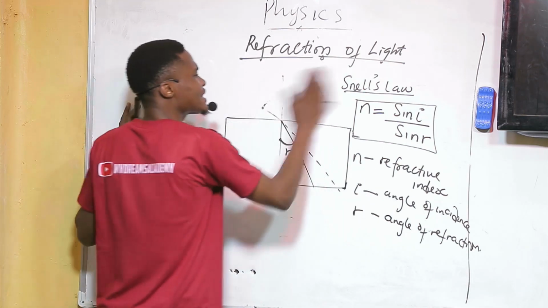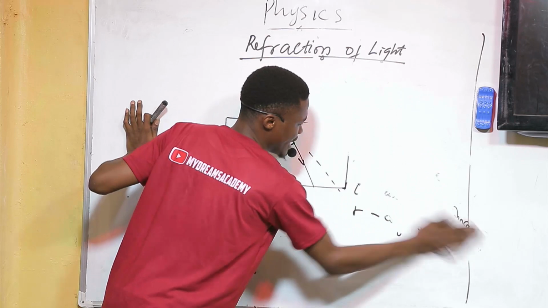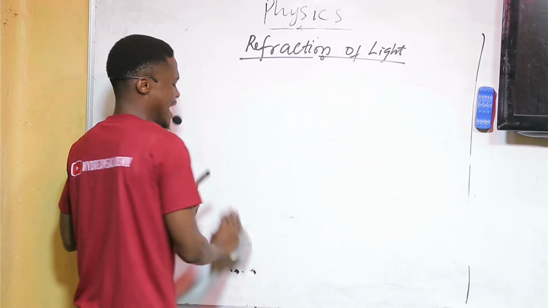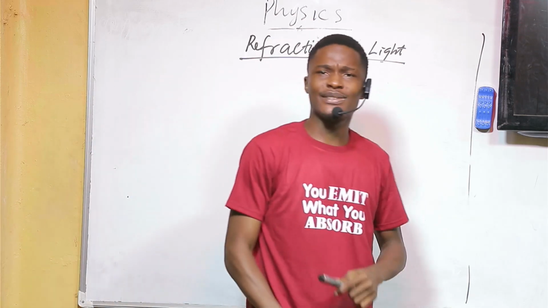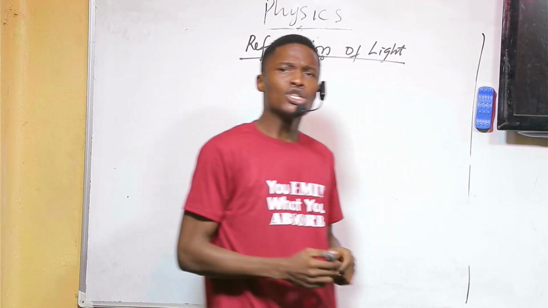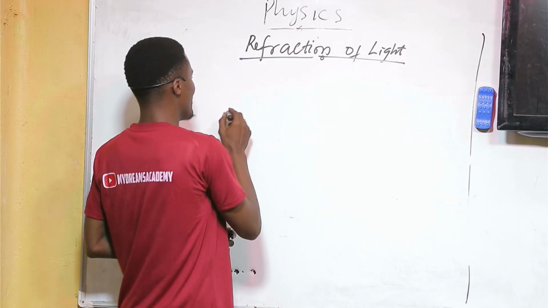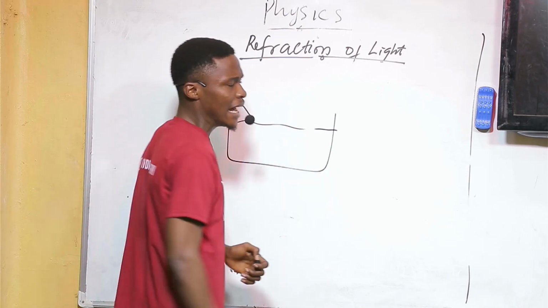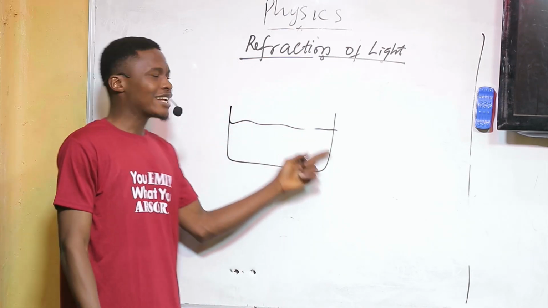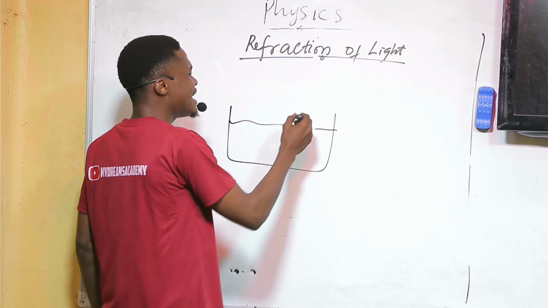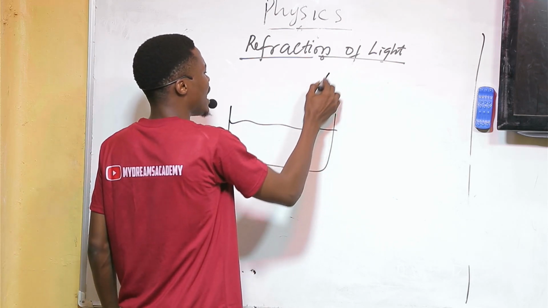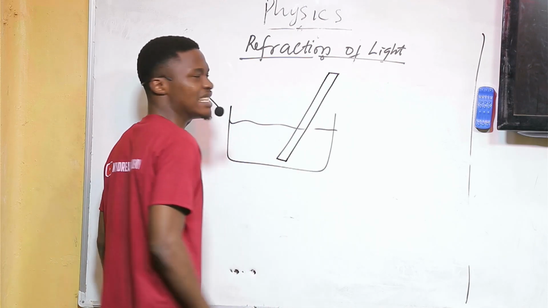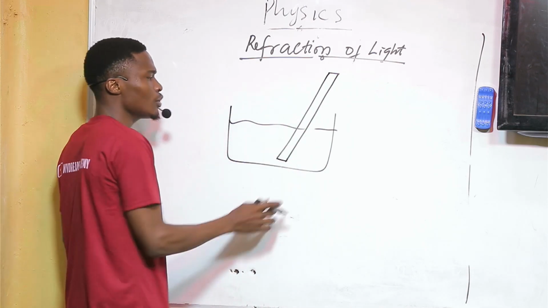Now the next thing we are going to talk about under refraction is where can we observe refraction in nature? What are the things we can see and say, this is refraction? So, examples of refraction. Imagine you have a bowl that contains water inside of it, and then I place a metal rod, or maybe a stick, inside of that water.